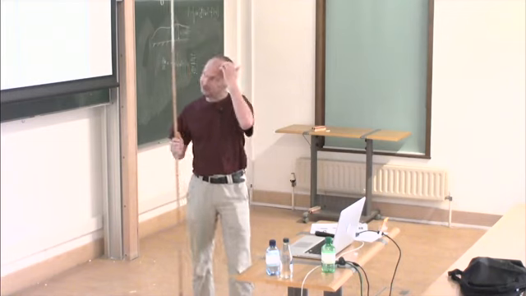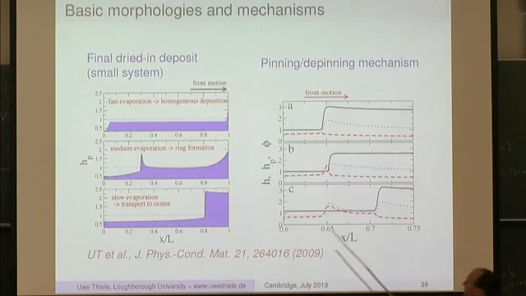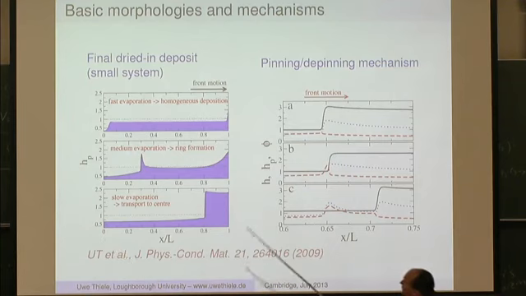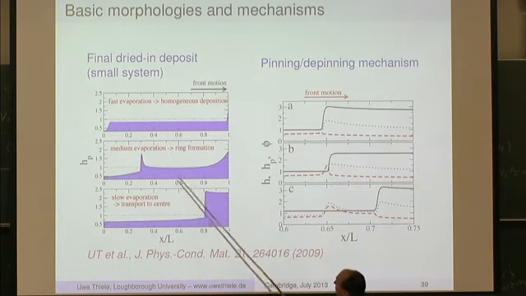Now, the basic phenomenon that you can describe is you start, let's say, with a layer that has this solute in, and you let it evaporate and recede. And if you wait till the end, till everything is evaporated, in a small system you could see typical pictures like that.